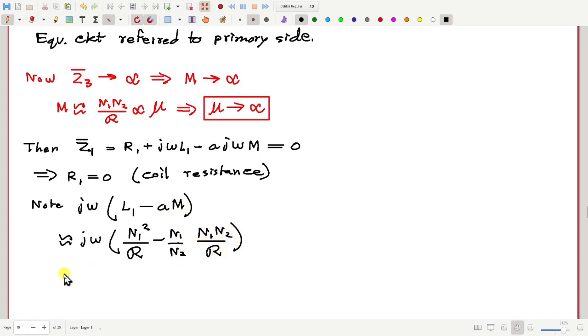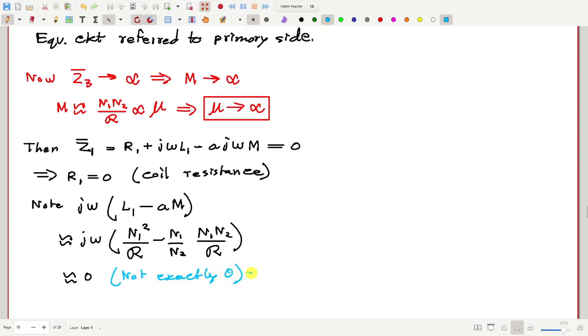So this is approximately 0. But practically L1 is not exactly that, and this is not exactly 0 practically. Why? Let me tell that.